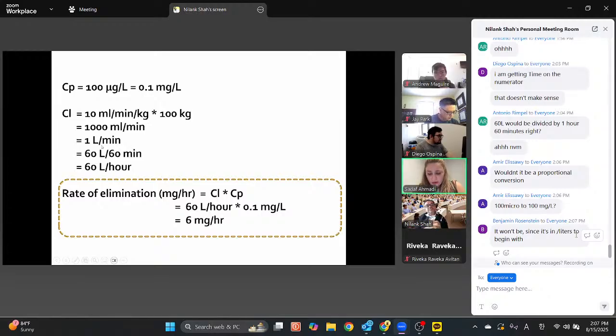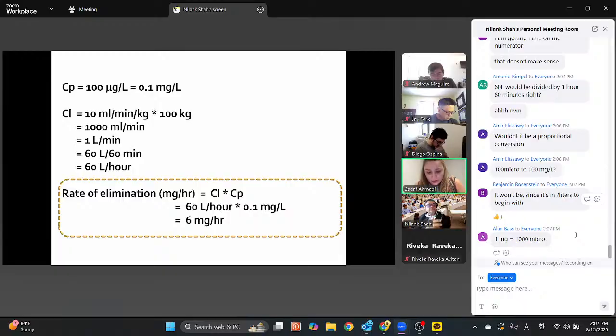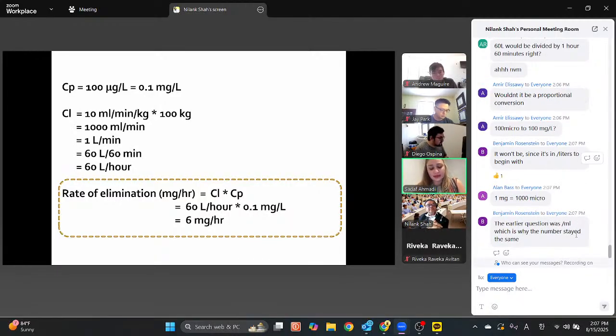The reason is that milliliter has to be in liter, because in this third step we have to calculate for CP. To be able to calculate for CP, we have to convert the milliliter in the CL to liter. Very good.